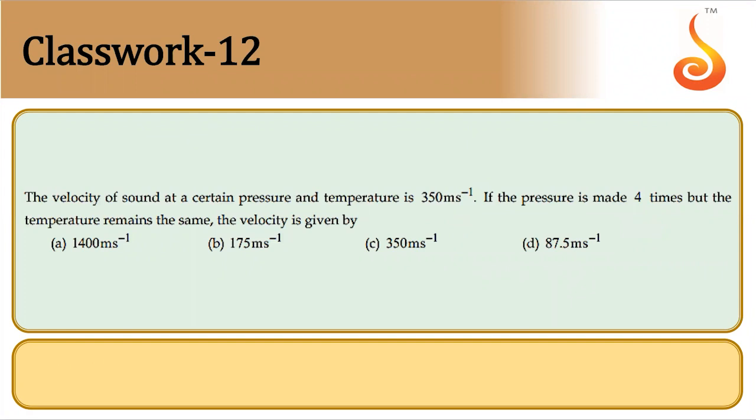The velocity of sound at a certain pressure and temperature is 350 meter per second. If pressure is made 4 times but temperature remains constant, velocity is given by 1400, 175, 350, 87.5?